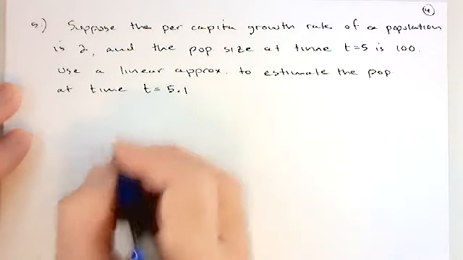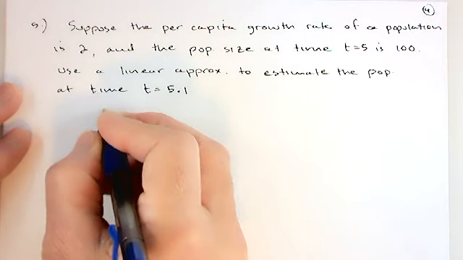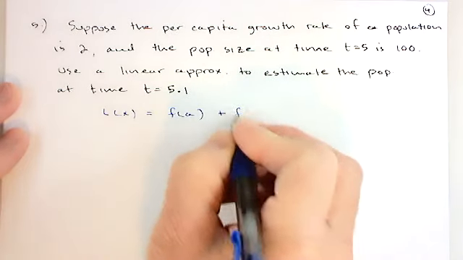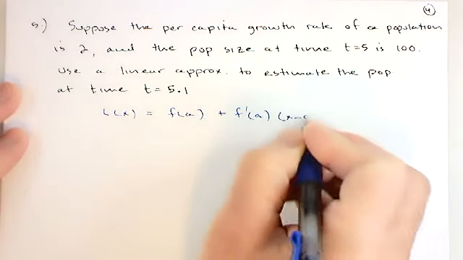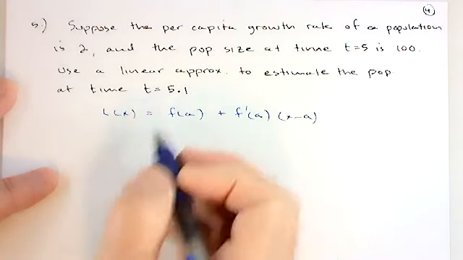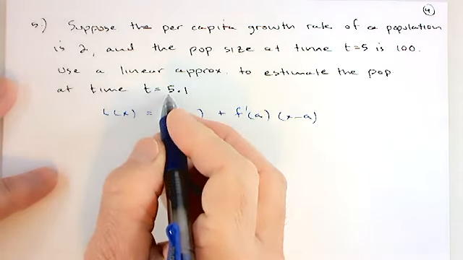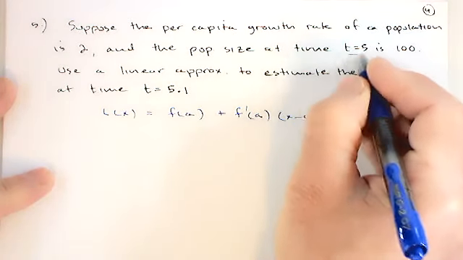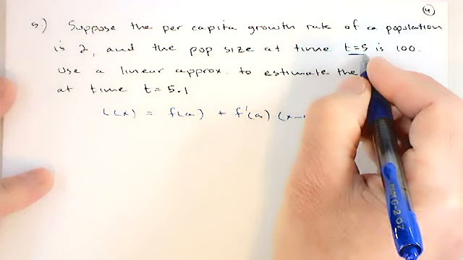Let's think about our formula here. L of x equals f of a plus f prime of a times x minus a. So first of all, we're going to be doing it in terms of t, right? And you can tell that one of the times is 5. We got a nice clean number here.